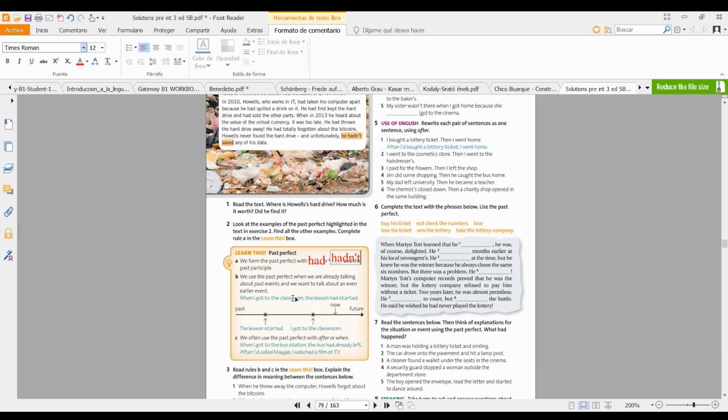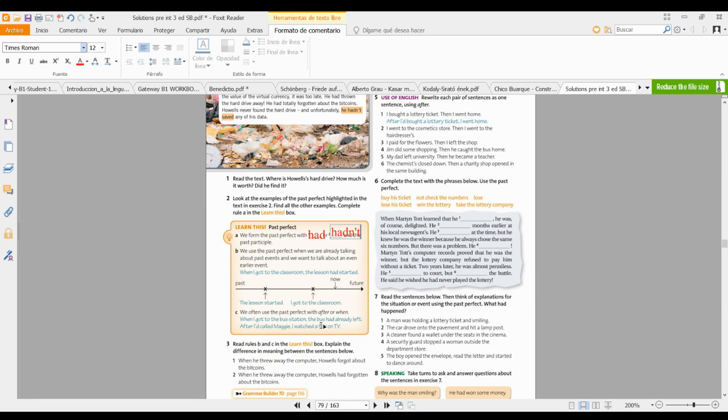When I got to the classroom, the lesson had started. So, suppose that the lesson started at 8 o'clock, y esta crucecita marca 8 o'clock, and he got to the classroom at 10 past 8, 8:10. So, the lesson starting is a previous action, es una acción anterior, una situación anterior a la que ya es pasado, que es I got to the classroom.